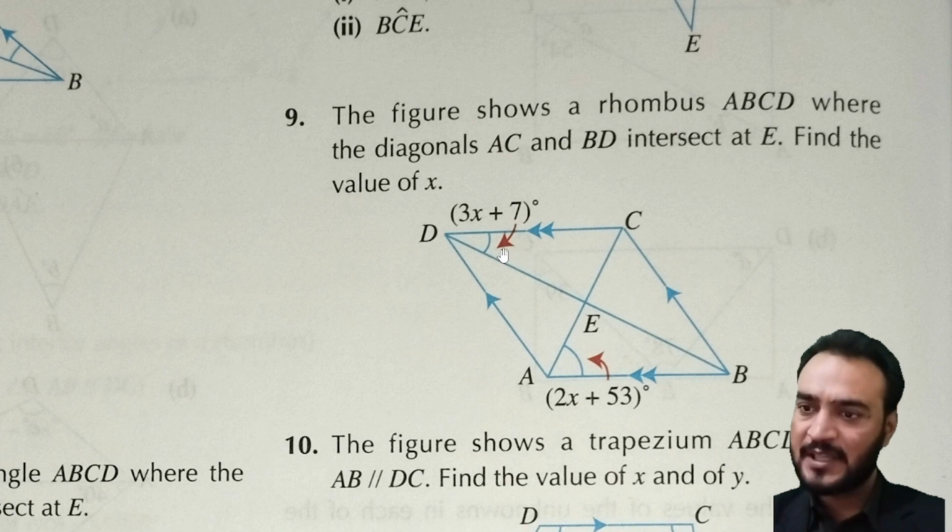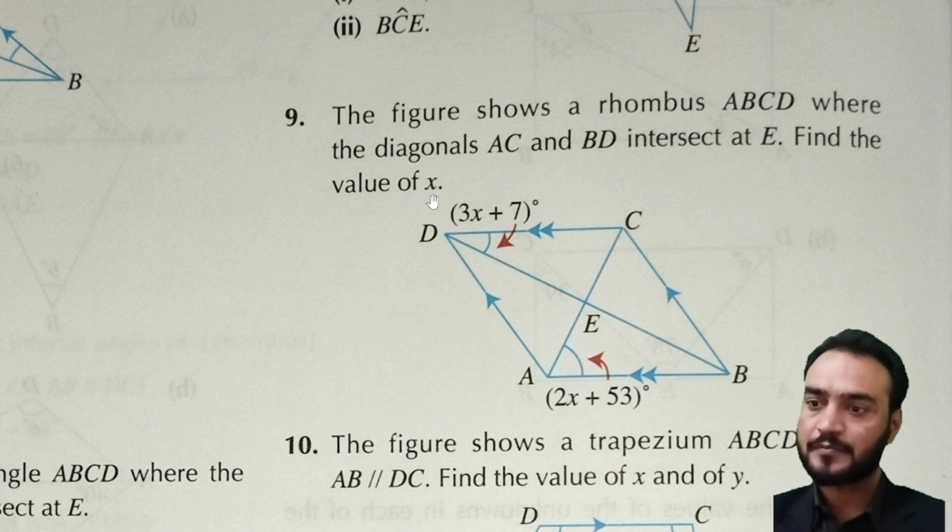So this is the interior angle, that is the angle BDC, which is equal to 3x plus 7 degrees. And this angle CAB or BAC is equal to 2x plus 53 degrees. And we need to find the value of x.